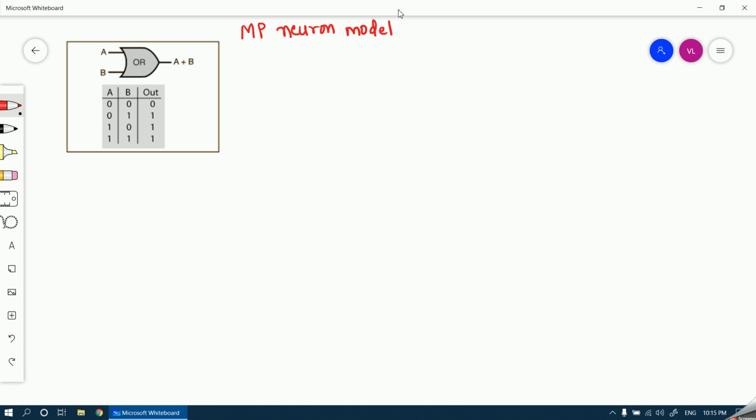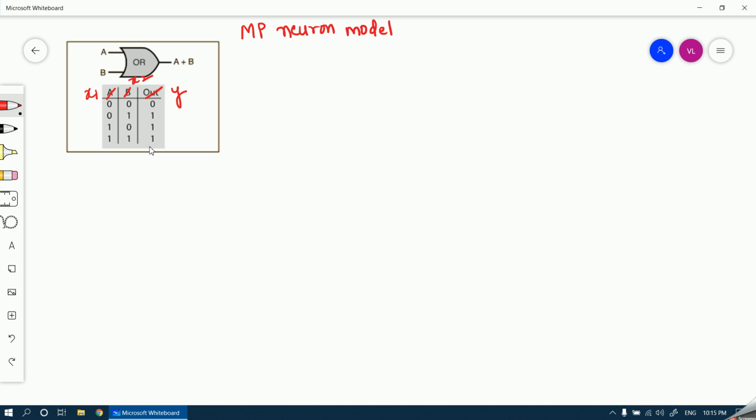In today's session, we are going to see the implementation of the OR gate using the McCulloch-Pitts model. As you can see, we have two inputs, x1 and x2, and our output is y. For the OR gate, we have four instances because we consider two inputs: 0 0, 0 1, 1 0 and 1 1.